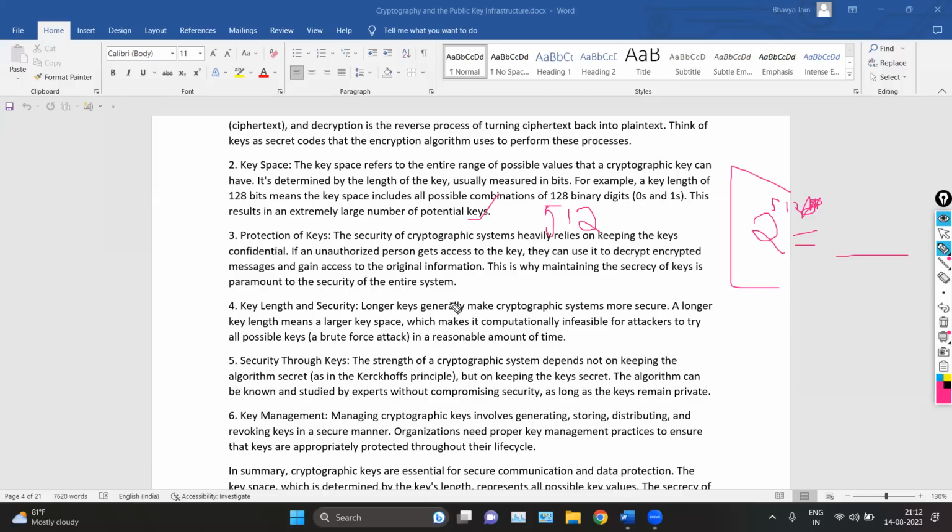It is very important to protect your key. Instead of protecting your method, we can protect the key. For example, in modern cryptography, we can just protect the key. We cannot protect the method because methods are known by everyone. Everyone knows how this algorithm is working.